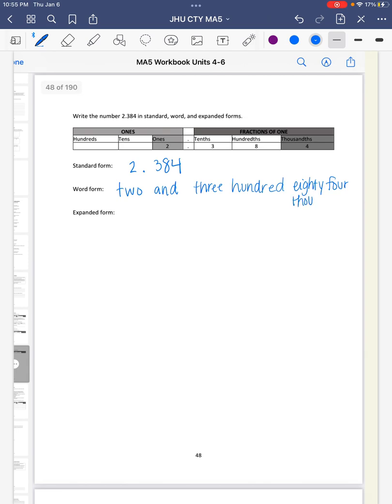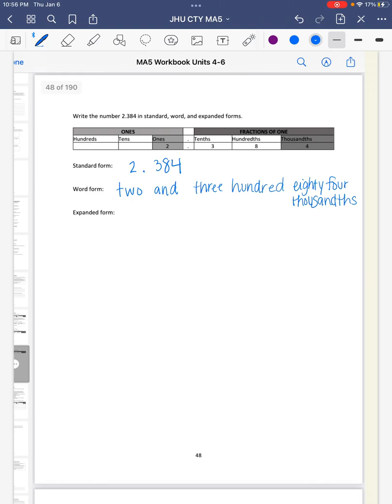Because the 4 is in the thousandths place. So word form is probably, again, if you need more room, you can always write in this space on the bottom of page 48. I clearly write a little bigger. If I were actually writing on paper, it would probably be smaller.